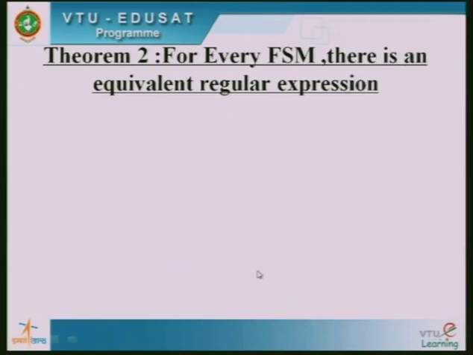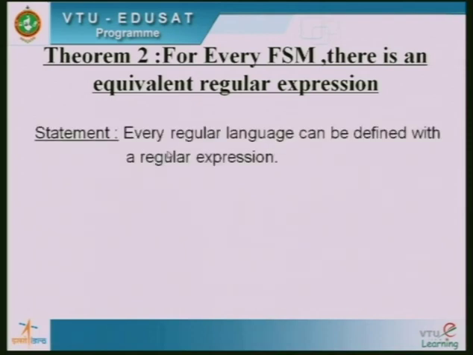So, before going to that regular expression, we will consider Kleene's theorem part 2. So, what it states is, for every FSM there is an equivalent regular expression. We know that regular expressions are the ways to accept the regular languages. Okay. So, every regular language can be defined with a regular expression.